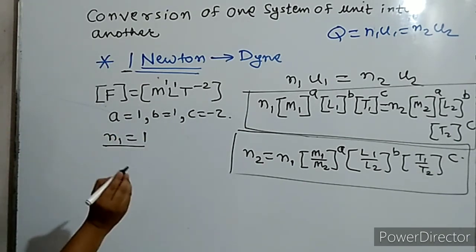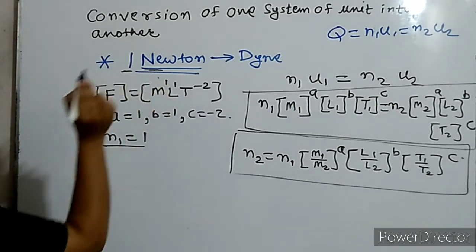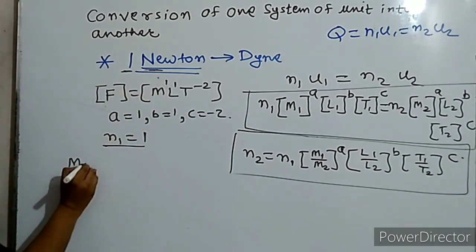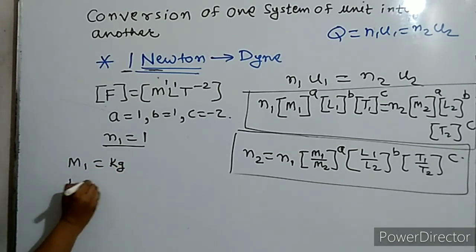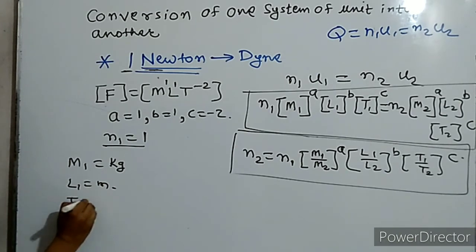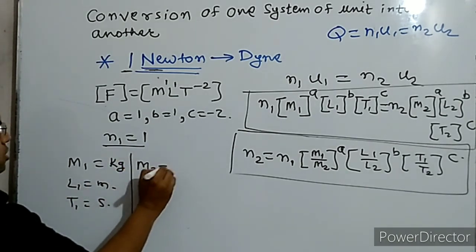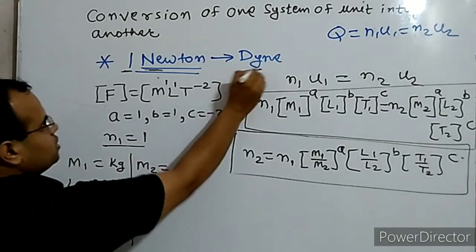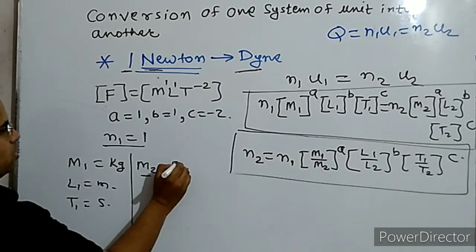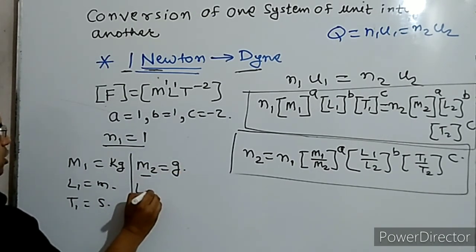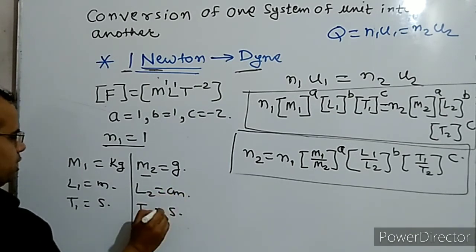Now M1, L1, T1 and M2, L2, T2: first is the Newton, that is the SI unit, so mass is measured in kilogram, length in meter, and time in second. Similarly, dyne is the CGS unit, in which mass is measured in gram, length is measured in centimeter, and time is measured in second.